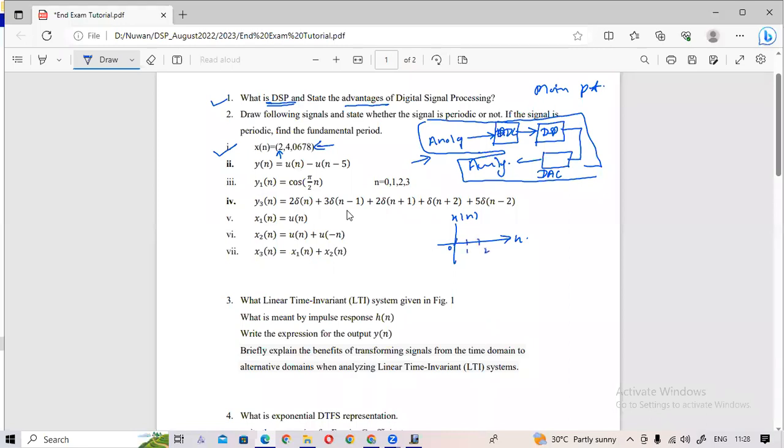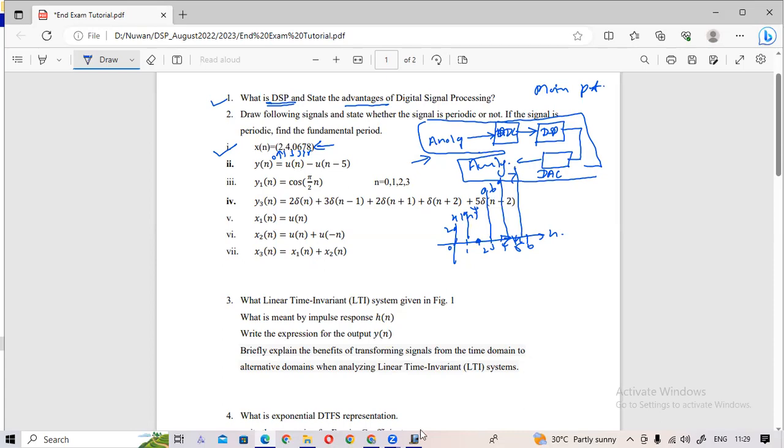This is the first sample, second, third, fourth, fifth, sixth sample, and so on. The zeroth sample is 2, the first sample is 4, the second sample is 0, the third sample is 6, the fourth sample is 7, and the fifth sample is 8.